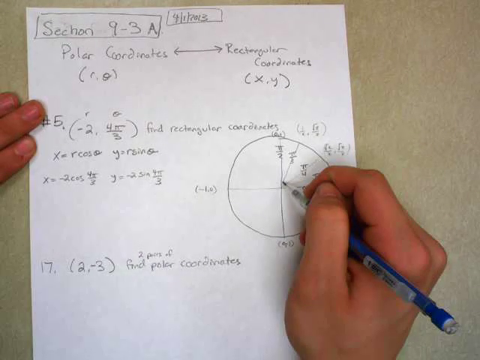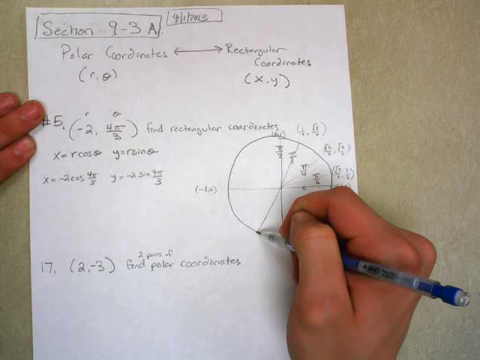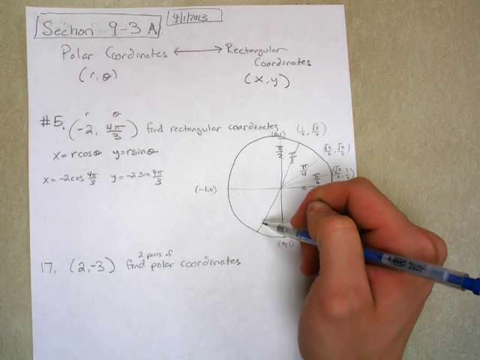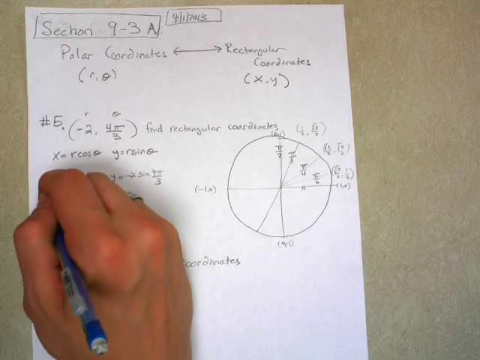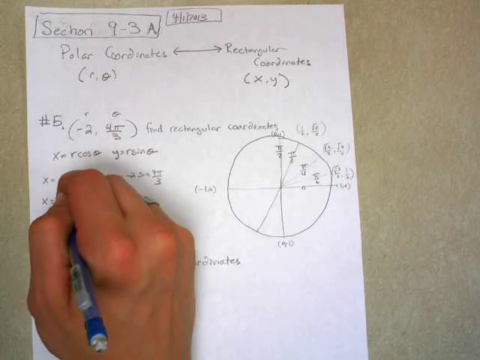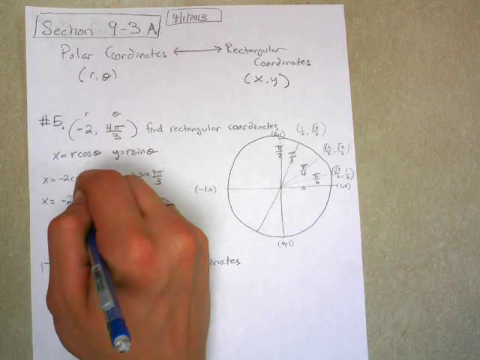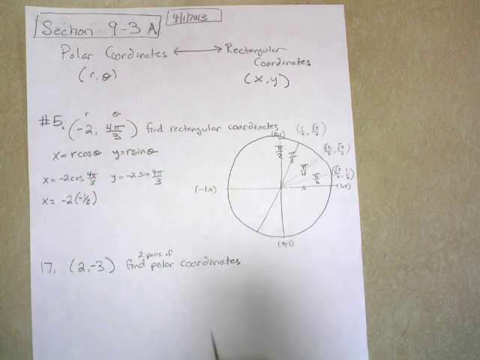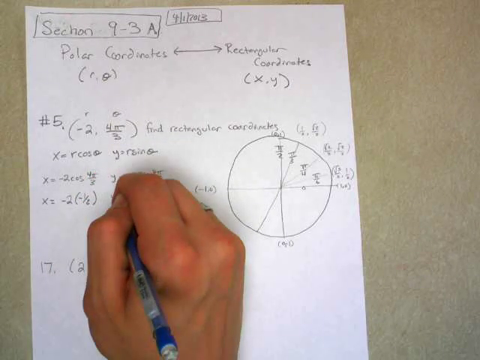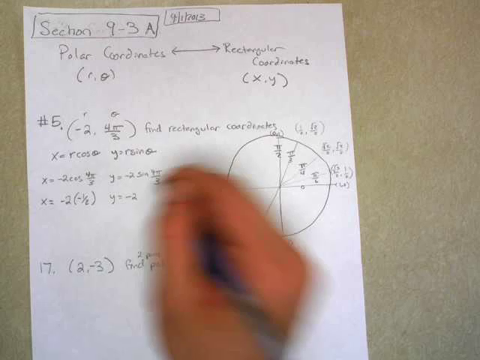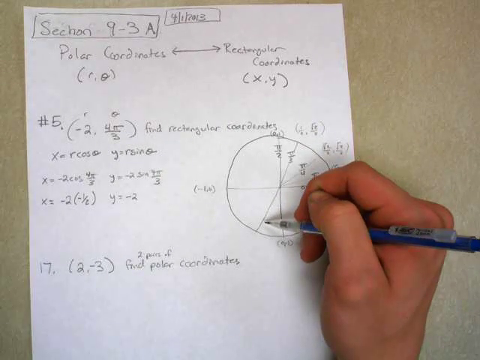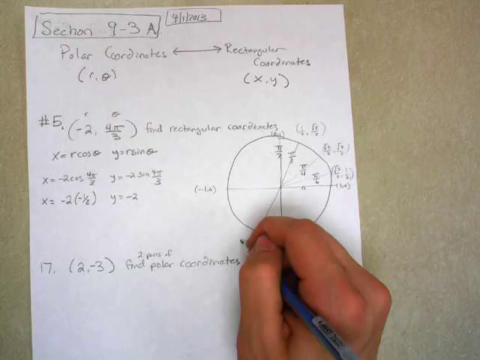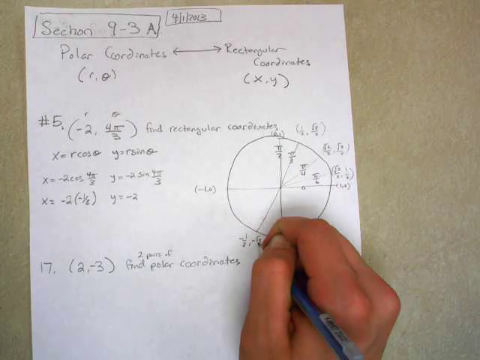4 pi over 3, that's down in this direction. We'll get that the cosine of that is going to be -1/2. So we're going to have x is equal to -2 times -1/2, and y equals -2 times the sine of 4 pi over 3, that will end up being -√3 over 2.